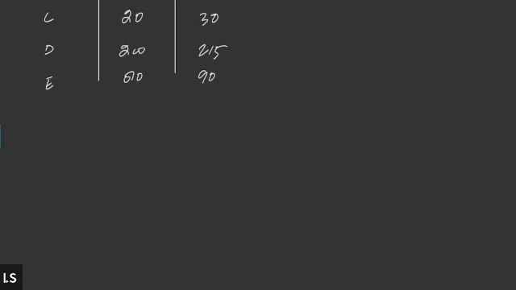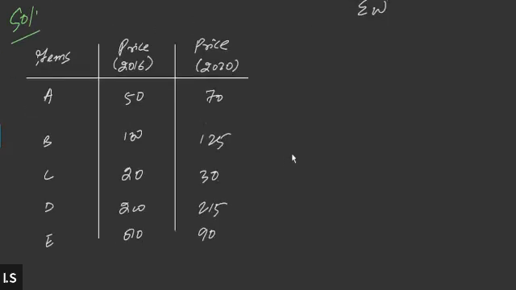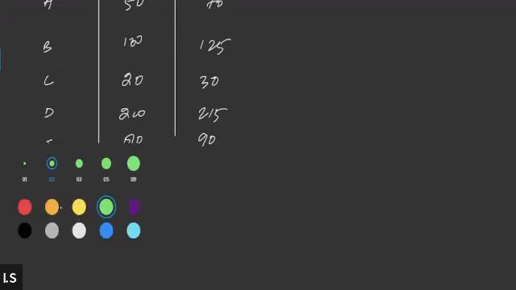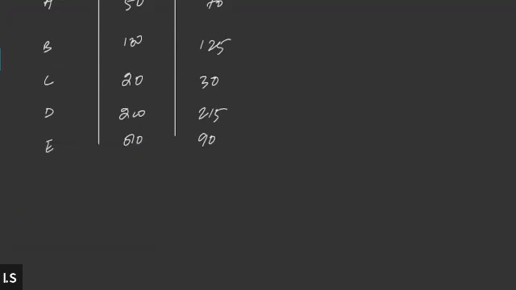Okay, so firstly we will calculate the index number by the simple aggregative method. For this, we will apply the formula P01 equals sigma P1 divided by sigma P0 into 100. To find sigma P1, we total the current year prices.